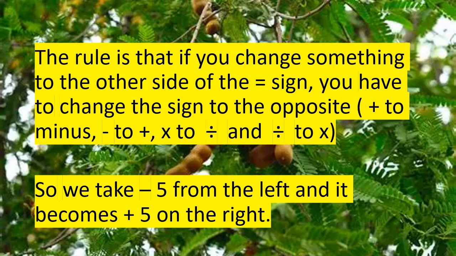Now the rule is that if you change something to the other side of the equal sign, you have to change the sign to the opposite one. So plus to minus, minus to plus, multiply to divide, divide to multiply. So we take the minus 5 from the left, and it becomes plus 5 on the right.